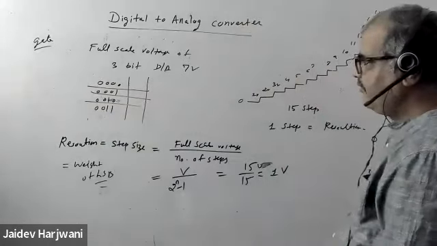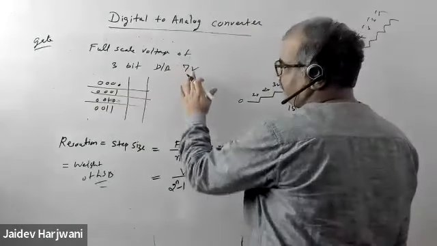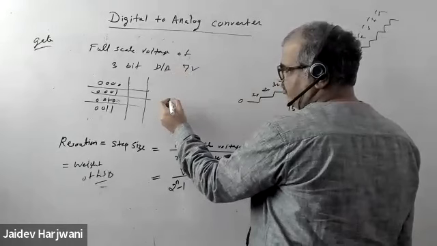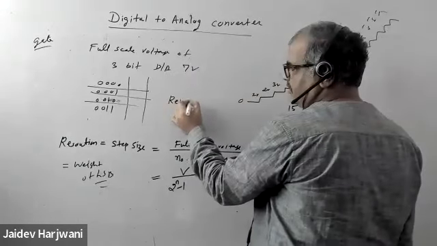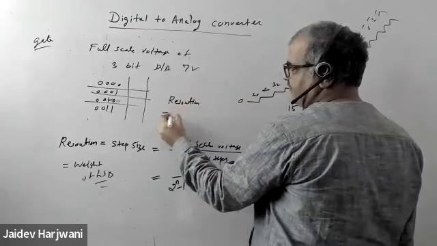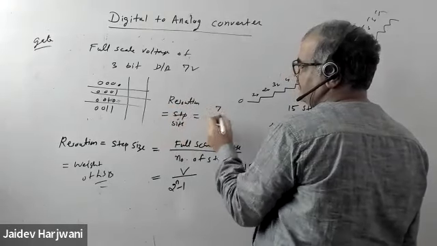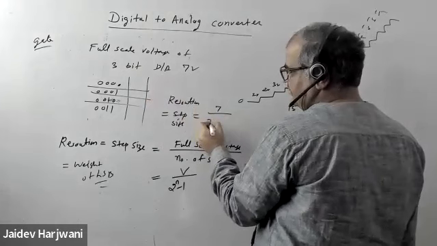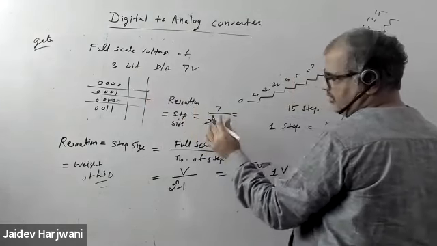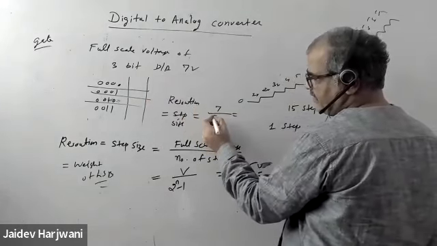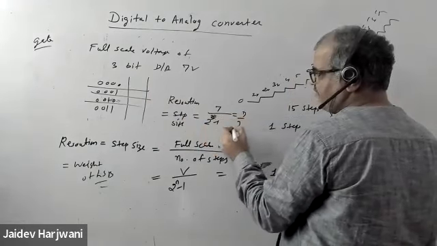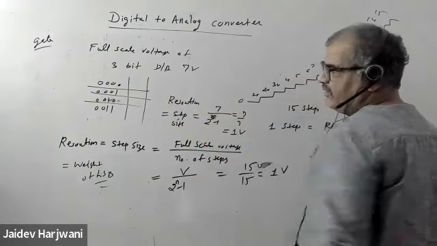Now we have been given a 3-bit D2A converter, and the full scale voltage is 7 volts, so we know the resolution or step size will be 7 upon 2 power n minus 1, that is 2 power 3 minus 1, that is 7. 7 upon 7 becomes 1 volt.